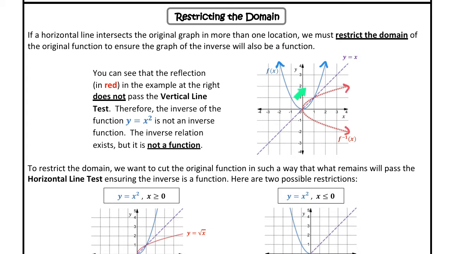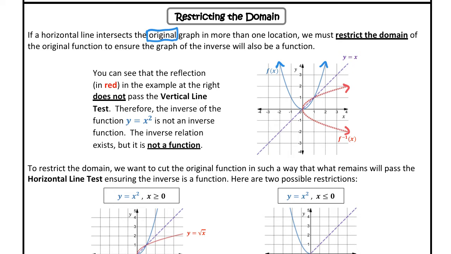We have these two graphs. The blue one is the original, and if I draw a horizontal line, it's going to hit the blue graph 2 times, more than one location. So that means we're going to have to restrict the domain of the original.